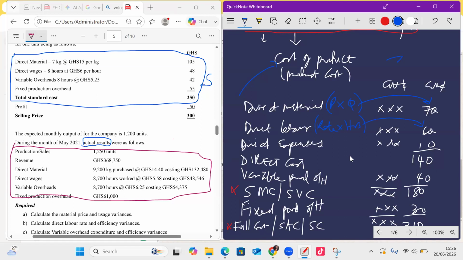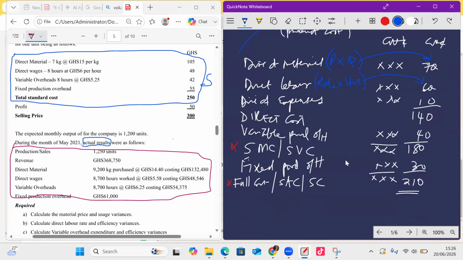When it comes to variable production overhead too, we will need a rate. Because it is overhead, we will say we need an OAR. What type of OAR do we need? There are two types of overheads here. We have the fixed and the variable. So what type of OAR do we need? We need a variable.